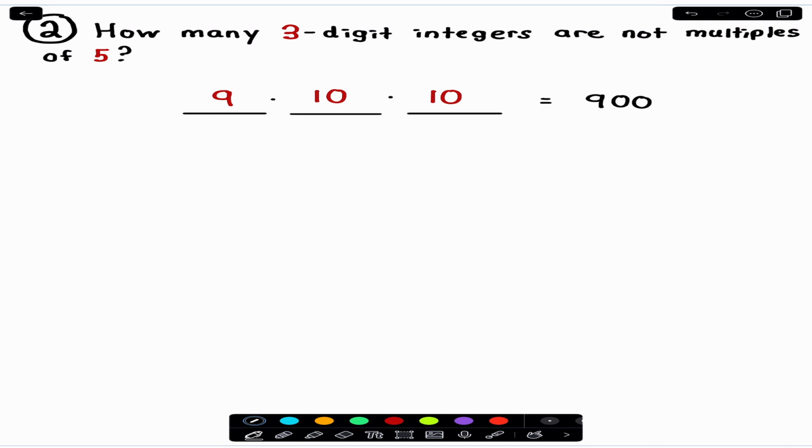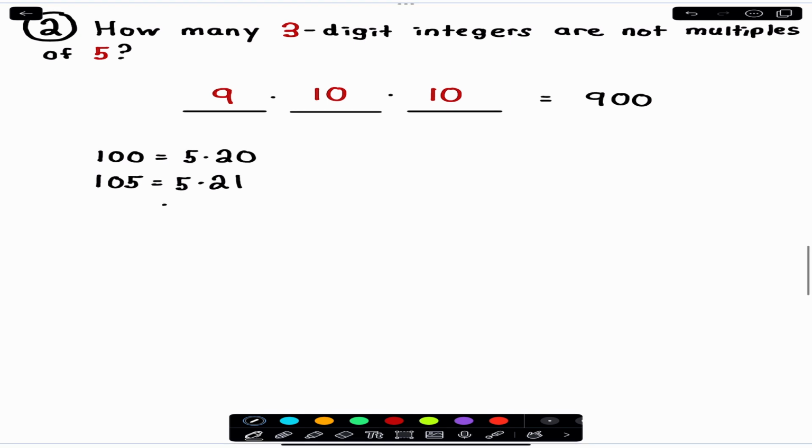So let's start off. The smallest 3-digit integer is actually 100, which already is a multiple of 5, which is great. 100 is a multiple of 5 because it's the same as 5 times 20. 105 is the next 3-digit integer which is a multiple of 5, and that can be rewritten as 5 times 21.